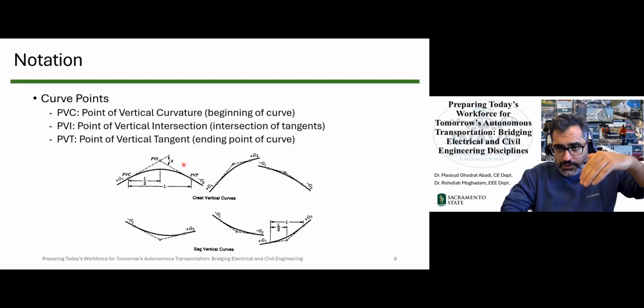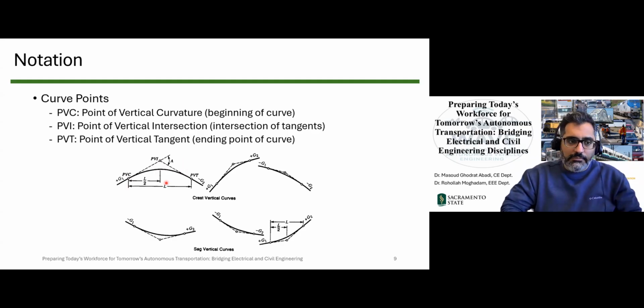And given that we are on vertical curves, elevation plays a very important role here. Again, as I explained earlier, length of a curve is measured not along the curve itself, but on the projection of the curve along the x-axis.